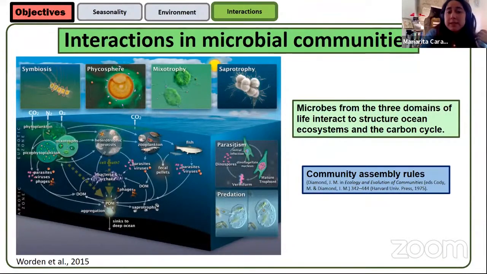We know there are community assembly rules, so some species can coexist while others simply cannot because they enter into competition. There are different kinds of interaction in the ocean, from symbiosis to parasitism, arriving to predation and mixotrophy. They can be positive or negative interactions, depending on whether these organisms can coexist or not.